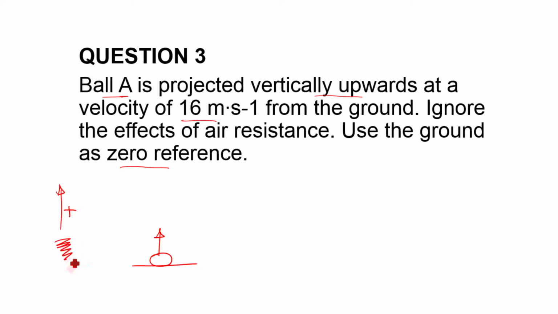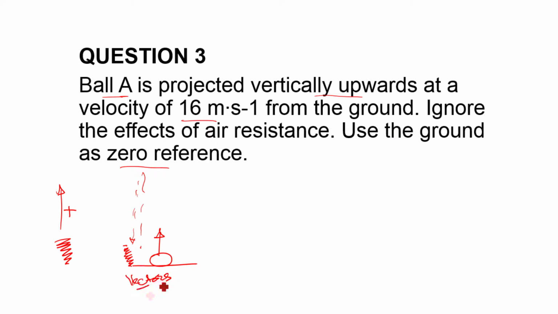This is a very important step because all of these things revolve around something going up and coming down. If going up is positive, then coming down is negative, and you've got to take that into account wherever you've got a vector quantity.